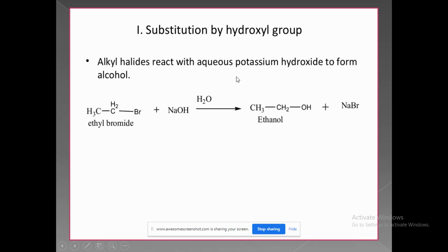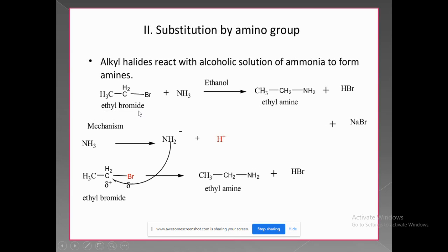Out of this, first is the substitution by hydroxyl group that we are going to see. It is the simplest reaction. The alkyl halide that we are using is ethyl bromide, and it will be reacted with NaOH. Here OH acts as a nucleophile and it will replace Br from this ethyl bromide by a simple attack over the Br.